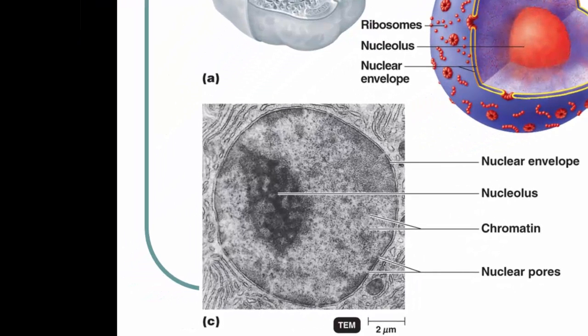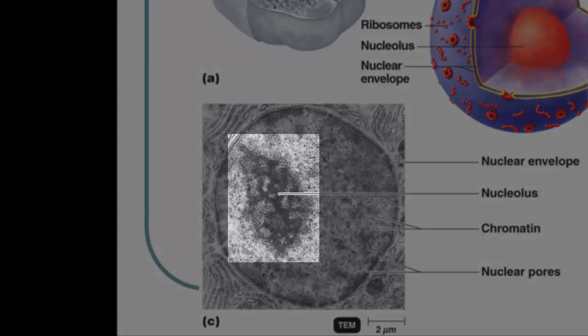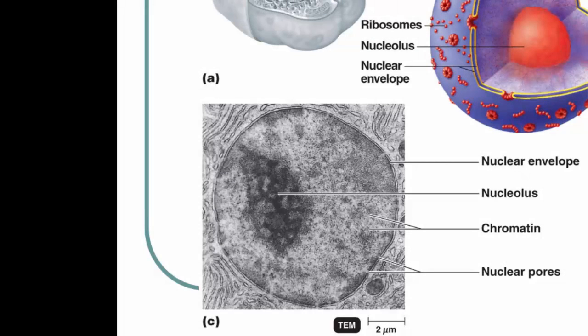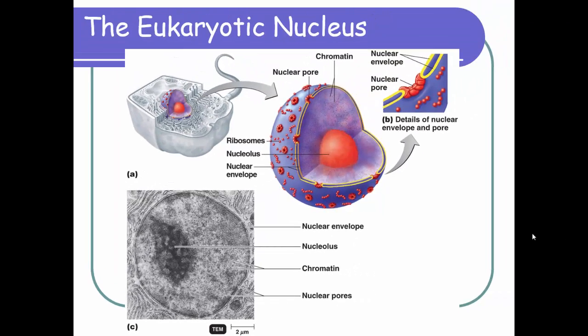Here you have the nucleus. In this cell, the nuclear membrane or envelope contains the nucleolus that is involved in RNA production, and chromatin. This is DNA in its relaxed form where we are able to read it. If this cell were reproducing, the chromatin would tightly coil up into the chromosomes and be visible.